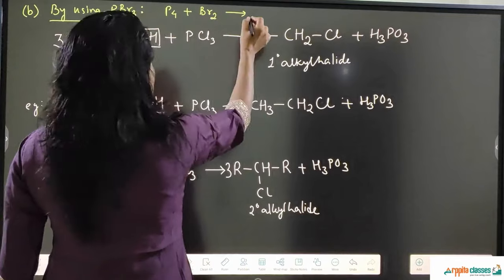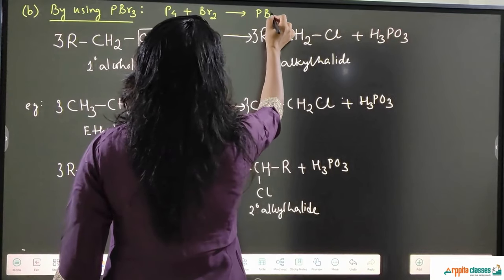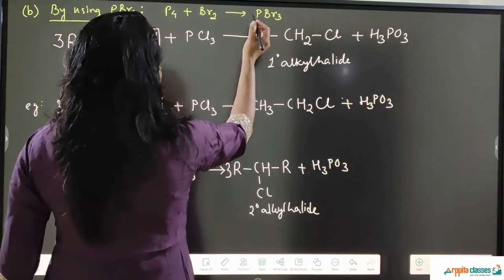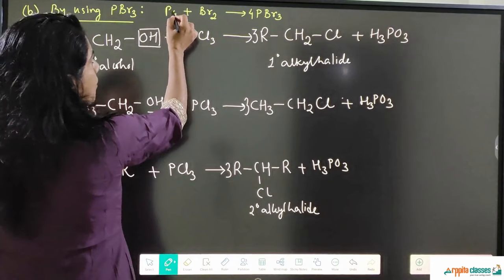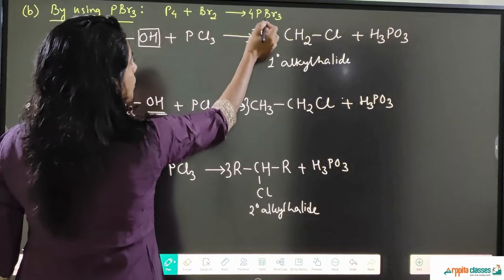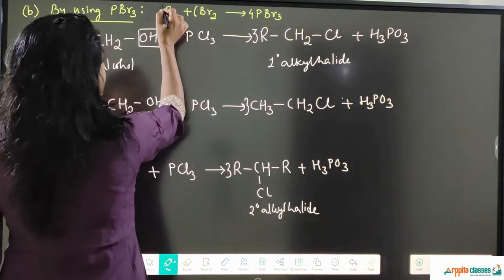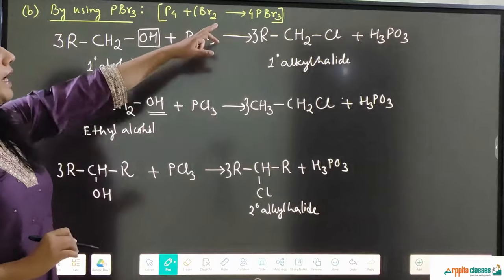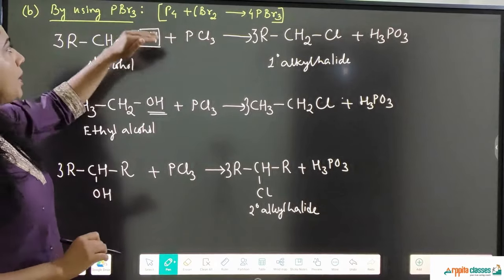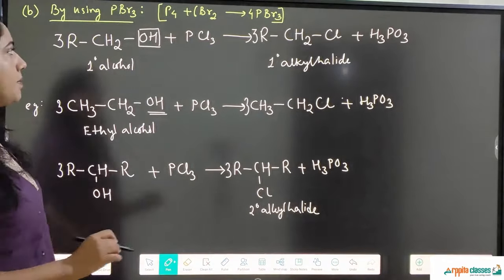By the reaction of these two, we will get PBr3. If I write 4 here, this is P4, so 4 PBr3 means 12 bromine, so it will be 6 Br2. So by the addition of red phosphorus and bromine, we get PBr3. PBr3 has to be produced in situ because it is an unstable compound.